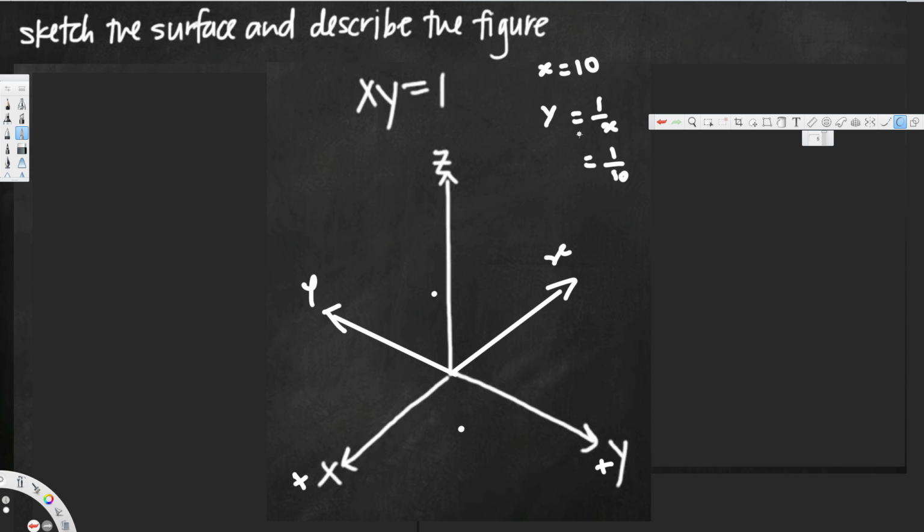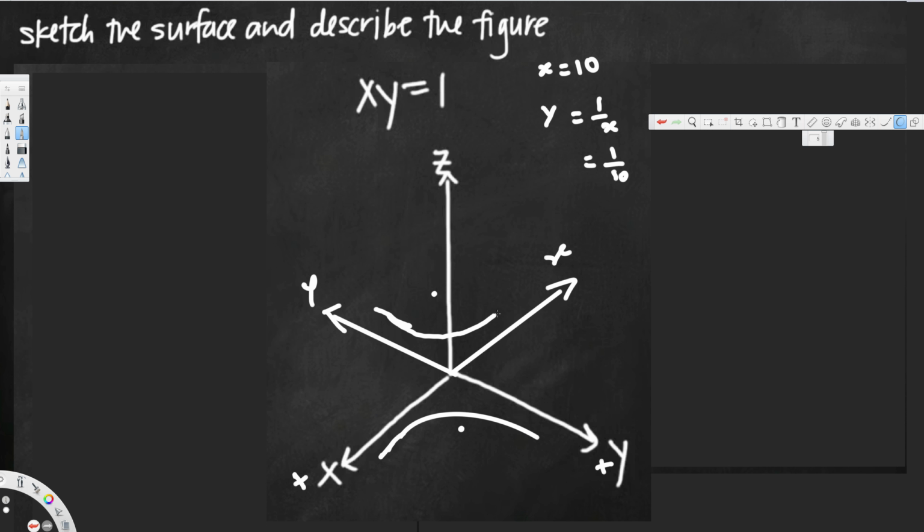And there's an inverse relationship. As the y value increases, the x value decreases, because if you rearrange, x is equal to 1 over y. So the graph is going to have a curved form like this. As the x value increases, the y value decreases, something like that. So you have this curved graph on both sides.